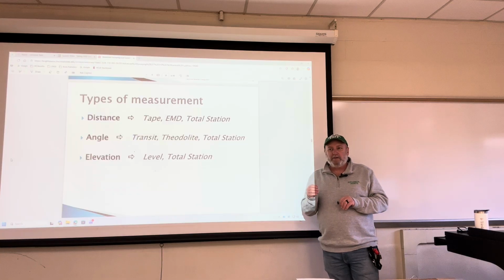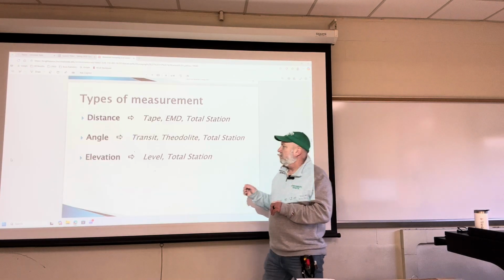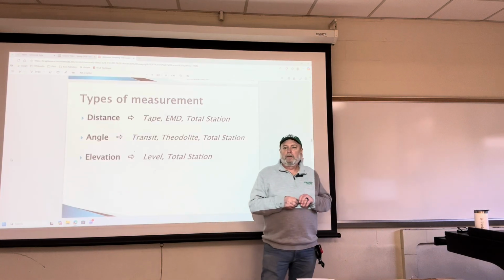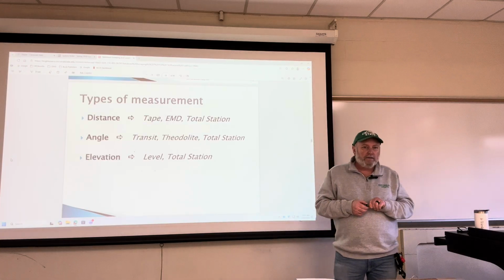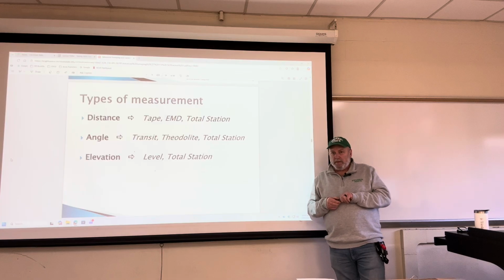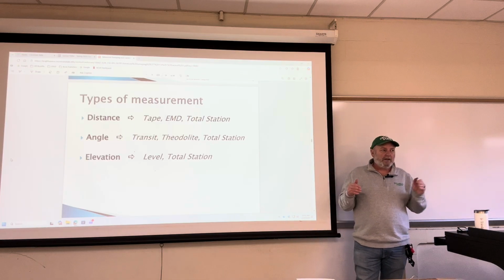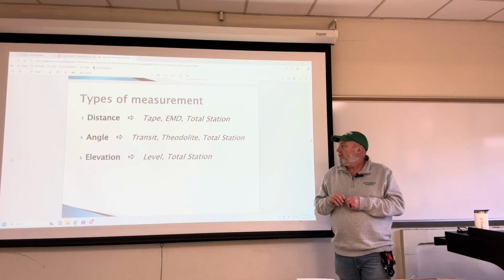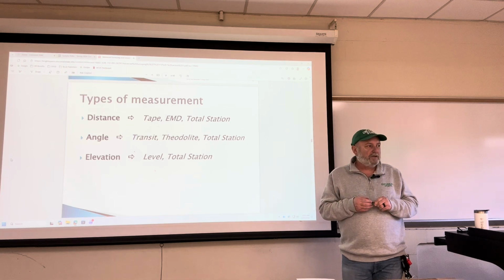When they're really critical on the elevations, I've seen people pull out the level and grade using the level. If you've got a lot of slope and there's not really a big issue with that, you can get away with using your total station.